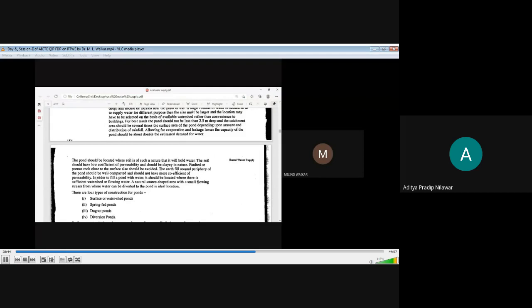Now, in order to fill a pond, it should be located where there is a sufficient watershed or catchment area. A natural saucer-shaped or cup-shaped area with a small flowing stream from where water can be diverted to the pond is usually an ideal location.